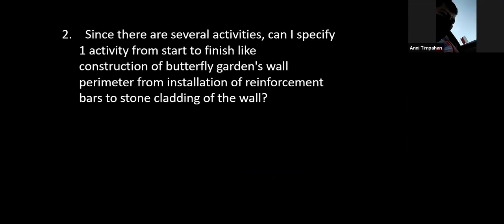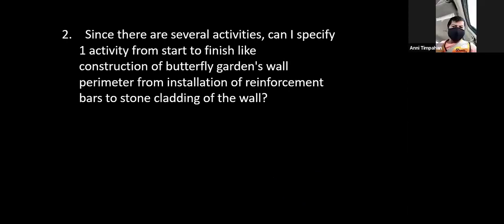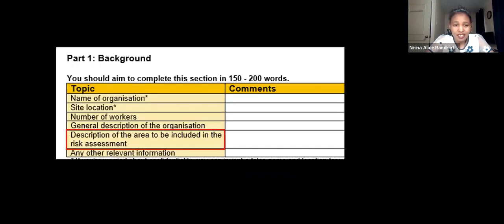Question number 2: since there are several activities, can I specify one activity from start to finish, like construction of butterfly gardens, wall, perimeter, from installation of reinforcement bars to stone cladding of the wall? Okay, the activity is very specific, but the question is, can I focus on one specific activity? The answer is yes. But in the description of the organization, it's the entire organization, and then you need to define the scope of the risk assessment.